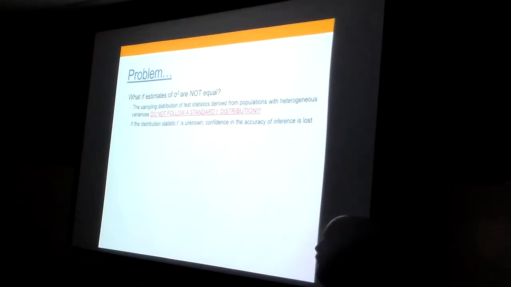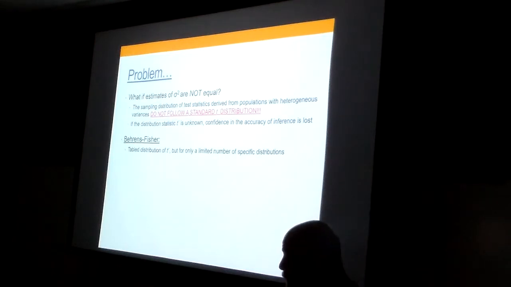And again, this is the problem. Anytime you see violation of assumptions, this is why we start to lose confidence in our inferences, because the test statistic we're calculating doesn't follow the same distribution as the test statistic we want it to, and now all of a sudden, things start to get messed up, okay? So, people long ago recognized that this is an issue, right?